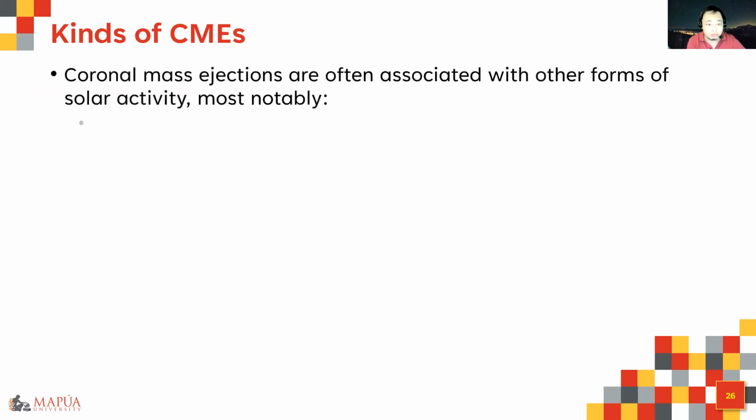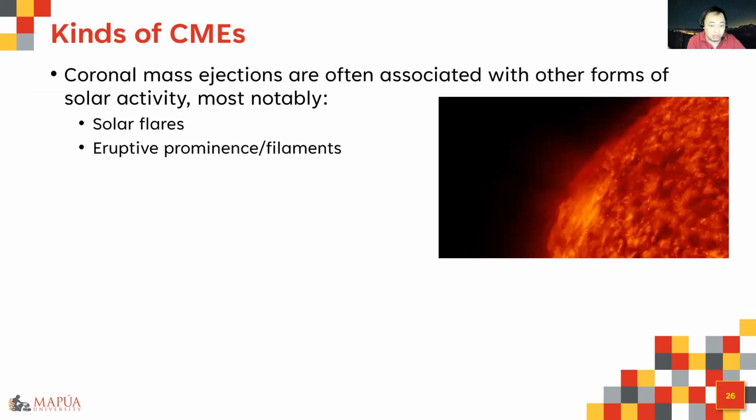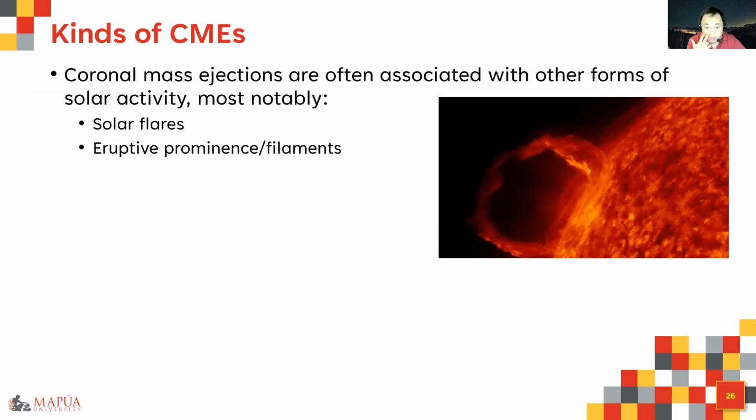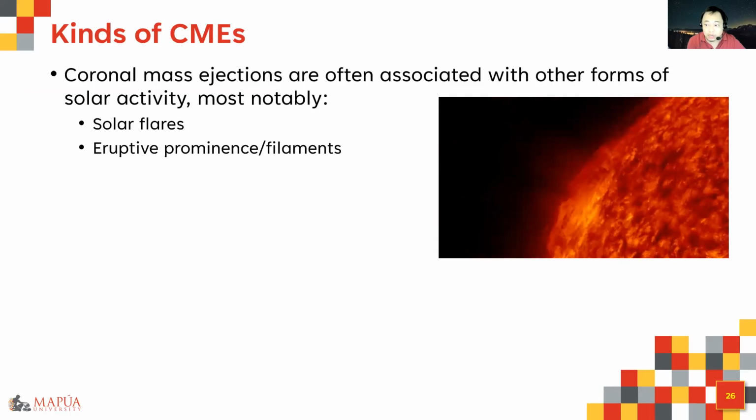Now, there are different kinds of CME. What I showed you is just a CME that is associated with solar flares, but there are different kinds of coronal mass ejection. Another, more popular one that can be observed is the eruption of prominences and filaments.